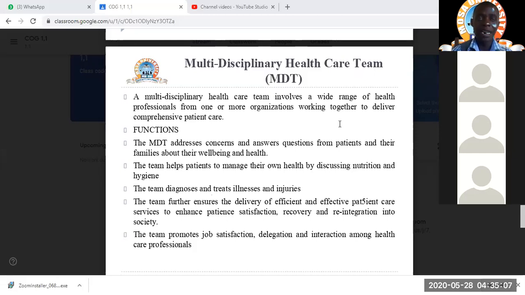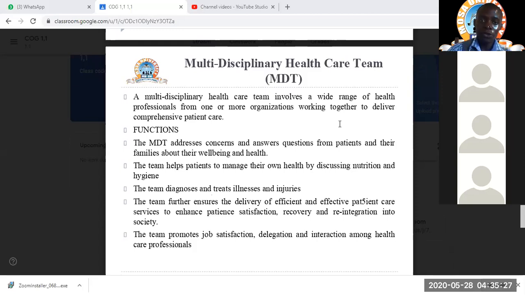In doing this, they bring different people together so that the services can be efficient and effective. Patients can be satisfied and taken back into their societies. They also make sure that as they work together, they promote interactions, socialization, and job satisfaction amongst them.